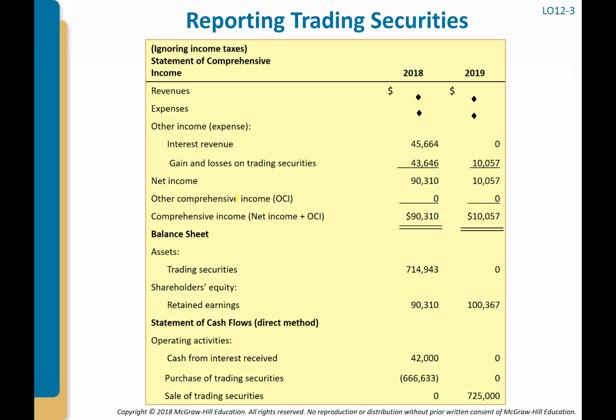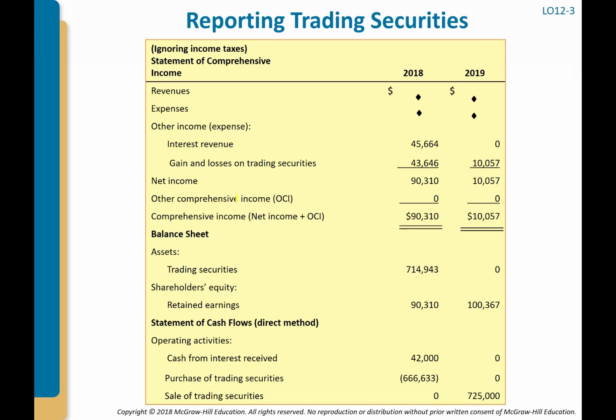Then what happens? In year two, I guess they sold it on January 1st, so they didn't get any interest payments. They sold it before the interest payments, so there was no interest revenue. But we do have that increase in fair value between year one and year two, right? So that's going to show as a gain. And I'm not going to go through the closing entries again.